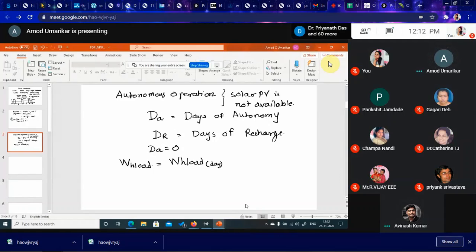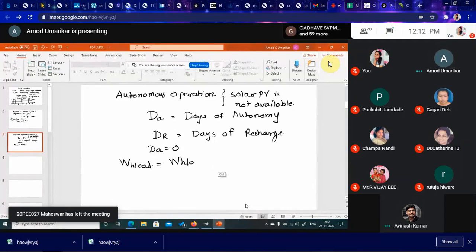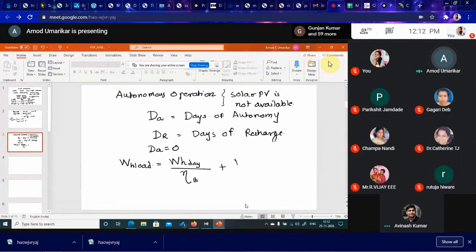I'll write it as WH day upon battery efficiency, if you want to take battery efficiency and losses into account, and watt hour night upon battery.